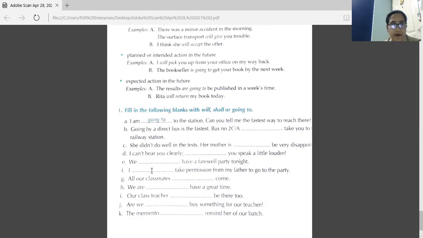Sentence number E. We shall have a farewell party tonight. Sentence F. I shall take permission from my father to go to the party. Sentence number G. All our classmates will come.